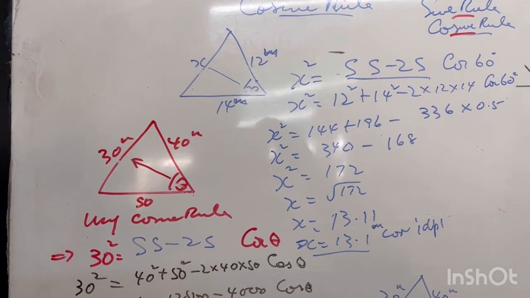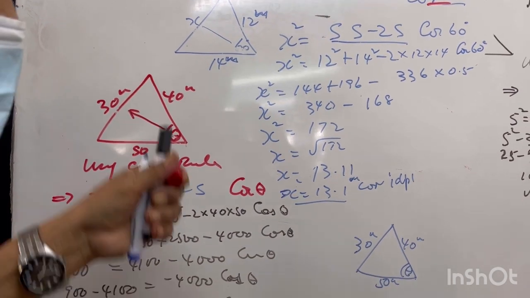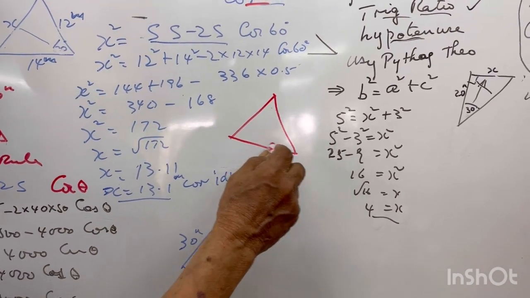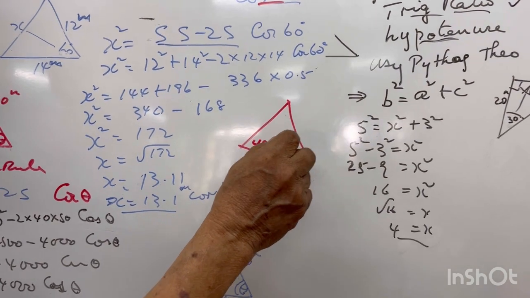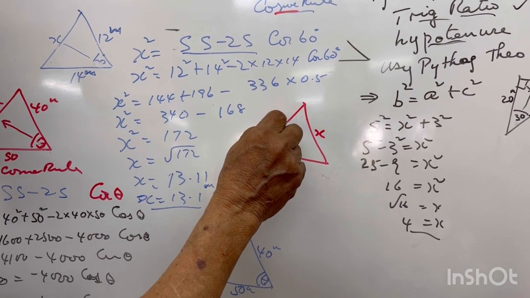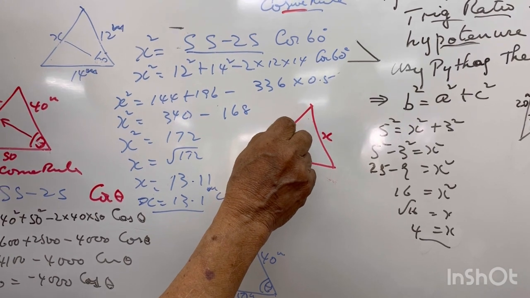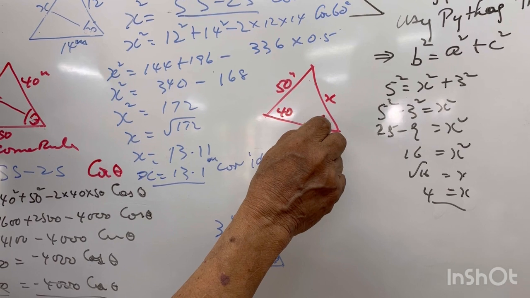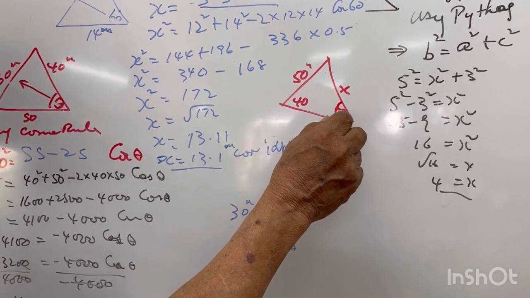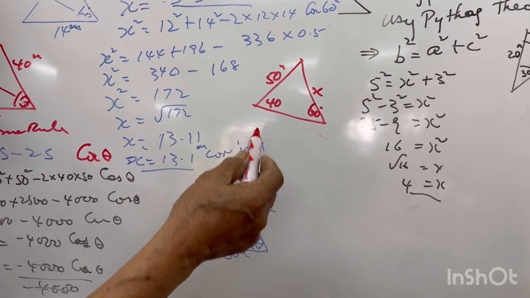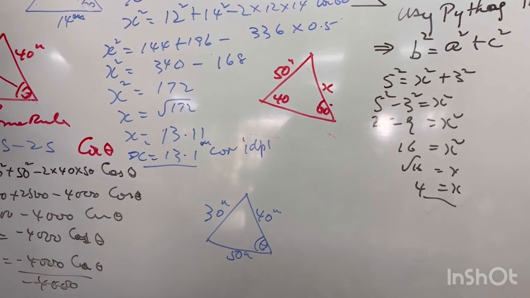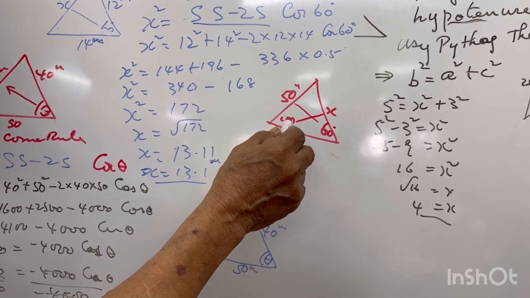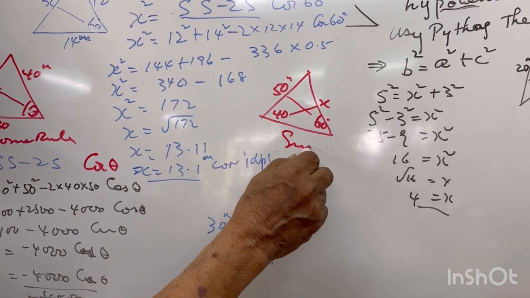But in a sine rule, just to recap it, if I have a triangle like this here, and I have 40 degrees here, I have x here, I have 50 meters here, and I have 60 degrees here. Again, not a right angle triangle. I have one pair, angle and side, and another pair. So I have two pairs, so I use the sine rule.